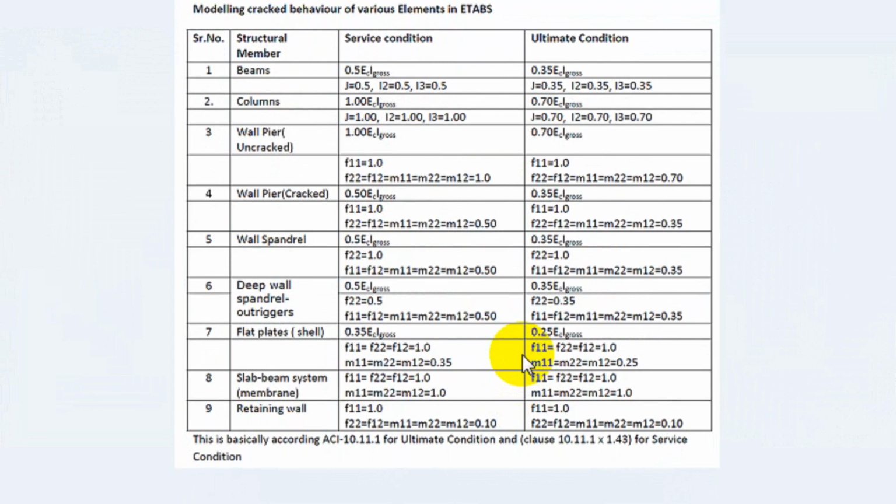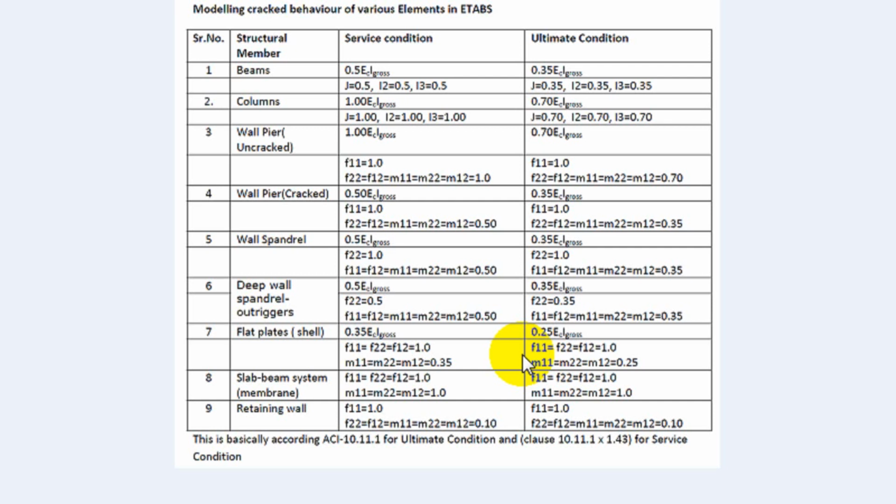So we'll consider the ultimate condition. We see that for beam it's 0.35, which we previously applied. For column 0.7, also applied. And for wall pier 0.35, and for floor there are two values, for cracked and uncracked wall. We'll consider our wall as a cracked wall, so for the cracked wall we'll provide 0.35 for the ultimate condition.